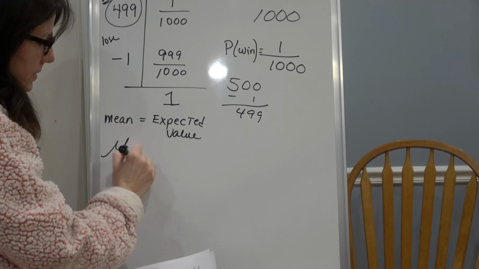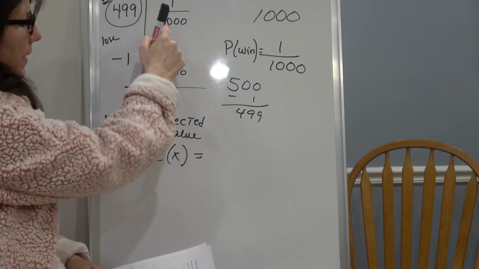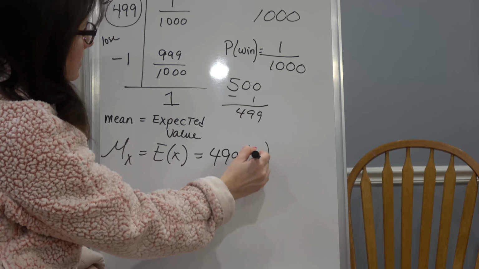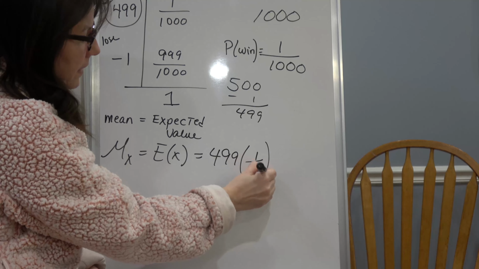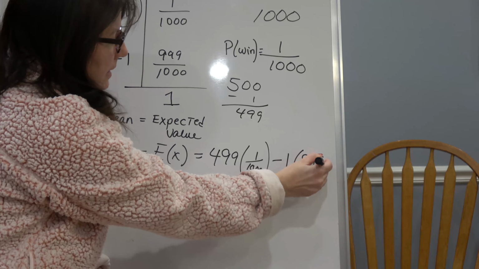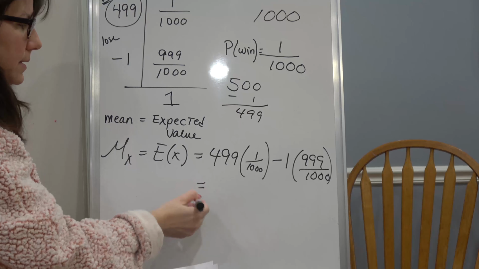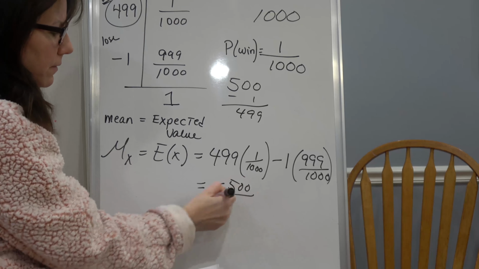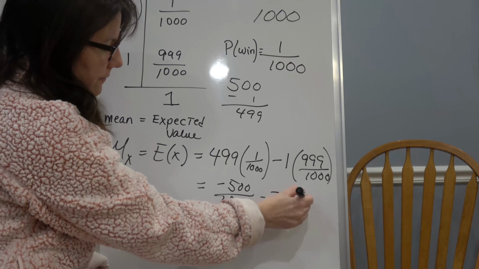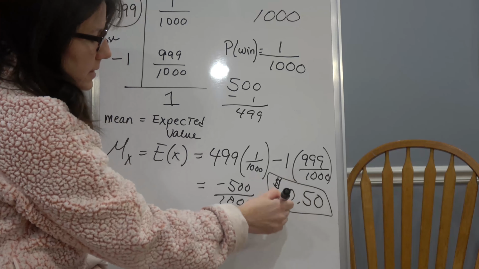Remember, this is equal to the product of each x times its probability, so it's like weighting it. So this would be minus 1 times 999 over 1,000. Okay, and so that's going to be about negative 0.50, since this is dollars.